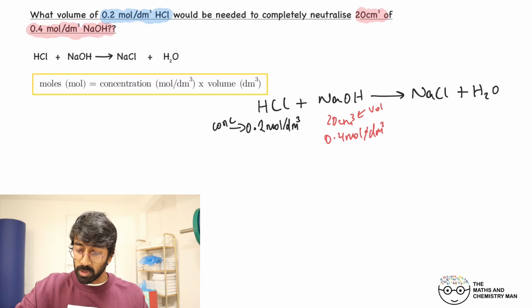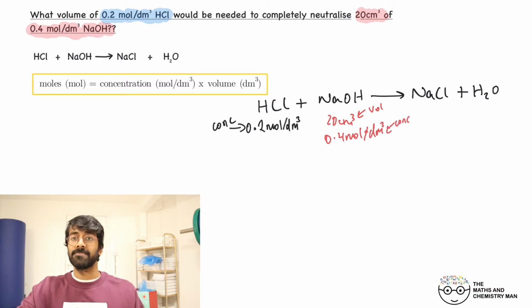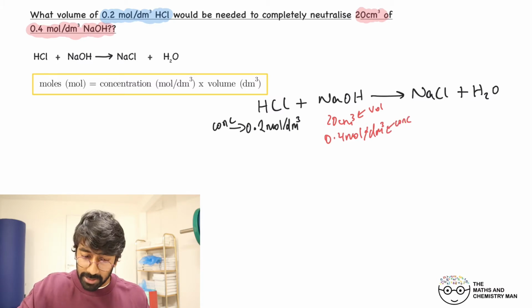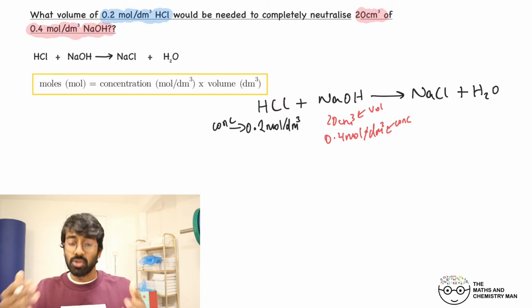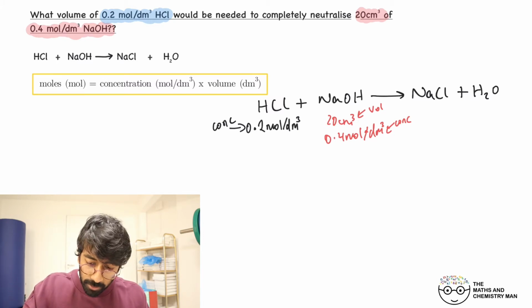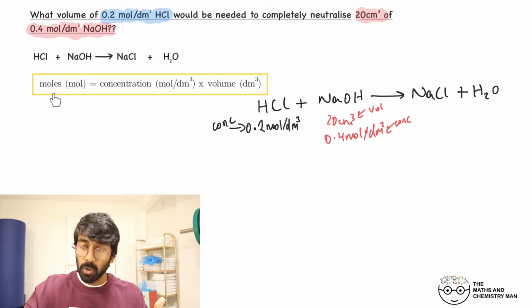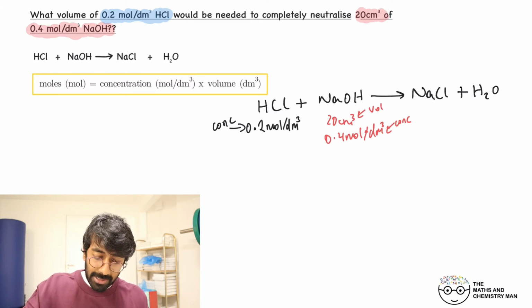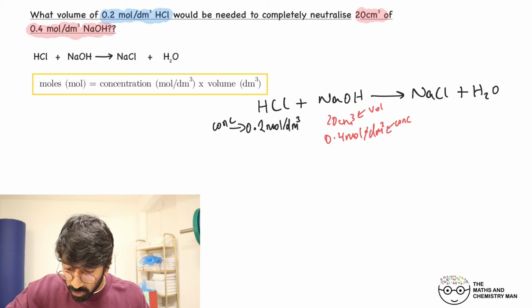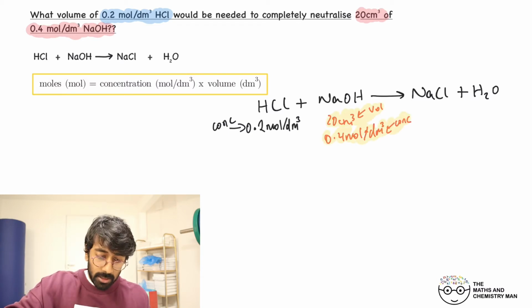There we go. Okay, perfect. Now, look at the info. What can we do? Well, if we've got concentration and volume, then we can work out moles. And underneath NaOH, we've got the volume and the concentration, so we can use this formula.